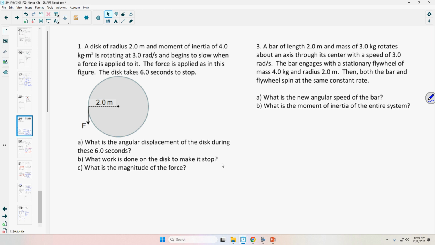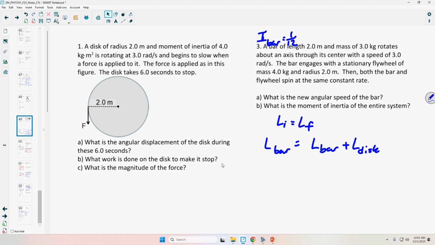So here on this one, we say that Li is equal to Lf. The initial angular momentum is just the angular momentum of the bar, because the disk is not spinning. And then the final angular momentum is the combined angular momentum of the bar plus the disk. I'm going to go and find the moment of inertia of the bar.